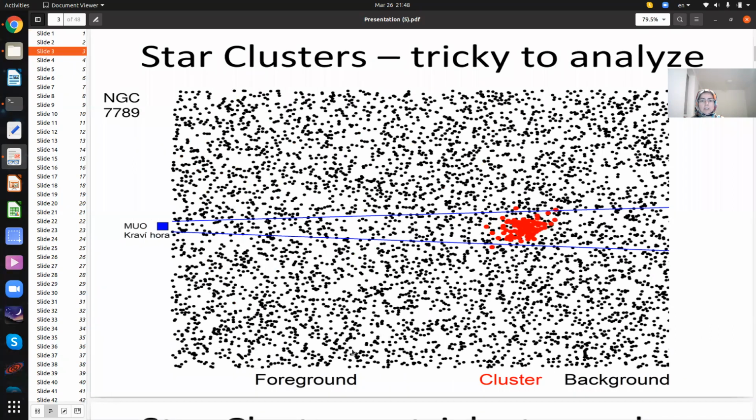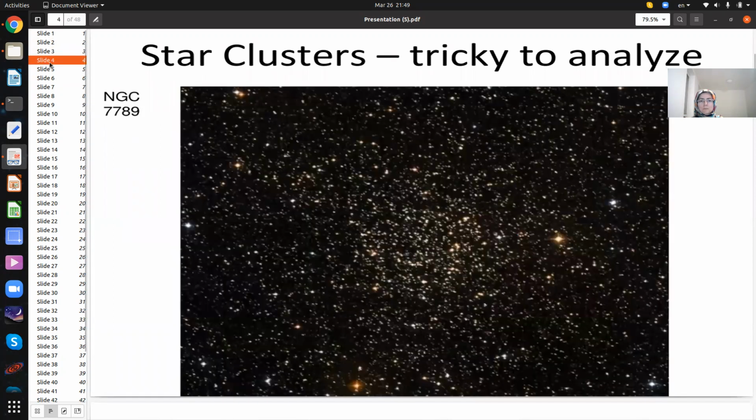You see here we have a star cluster, but we have some stars which we call foreground and background stars. Today I want to explain how we can distinguish between the stars in the star cluster and foreground and background stars.